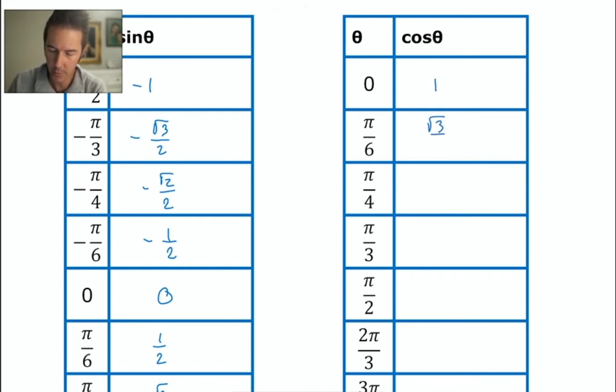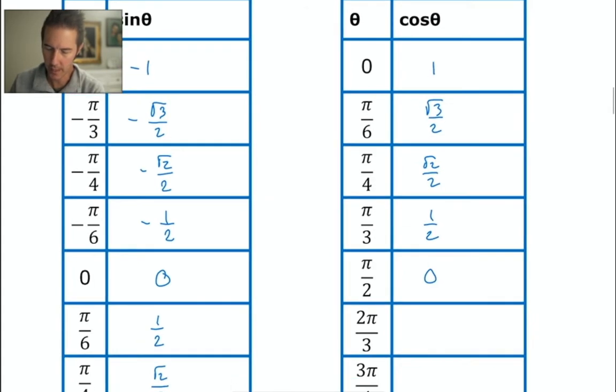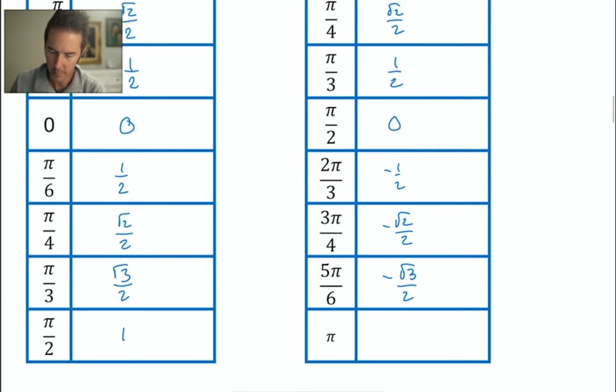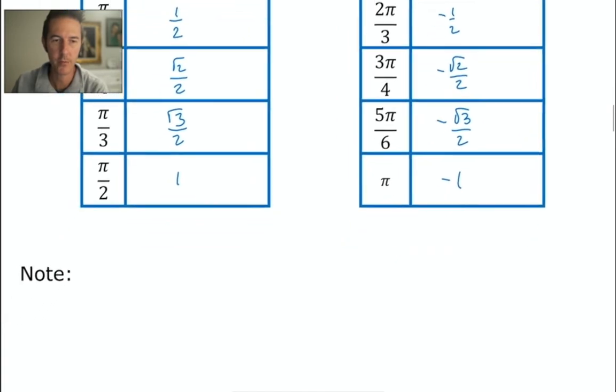We go to root 3 over 2, and then root 2 over 2, then 1/2, and 0, so we're then crossing the x-axis, and then we get the negatives of those: negative 1/2, negative root 2 over 2, negative root 3 over 2, and finally negative 1 at pi. We hit the minimum. You can compare those to the graphs that were just above. So we can use this as reference. You might want to use that as reference as you're taking some inverses.